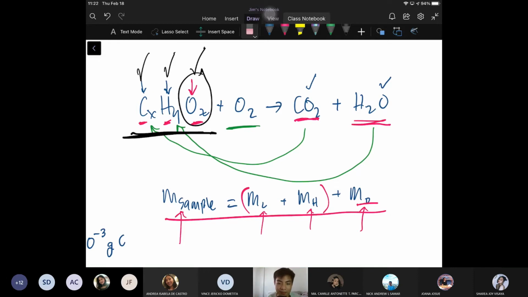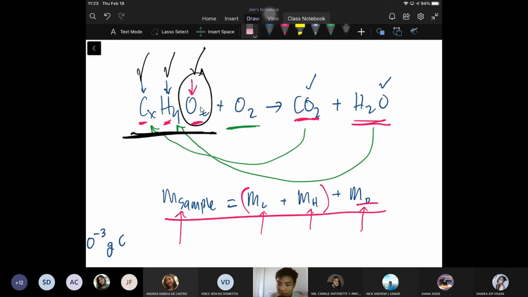Mas mahirap mag-stoic for oxygen. Kasi imagine nyo rin to. Okay. So, kung kunwari gusto mo kunin yung oxygen from CO2 and H2O, edi dalawang beses ka magso-solve, no? Tapos yung makukuha mong mass na yon, pwedeng dalawa pa source nun. Pwedeng oxygen in the air or oxygen sa sample mo.